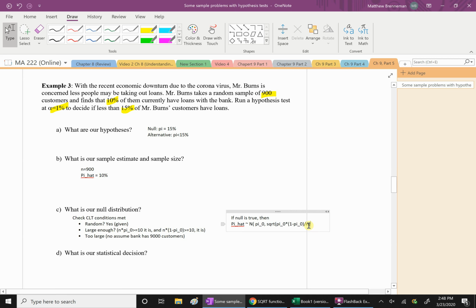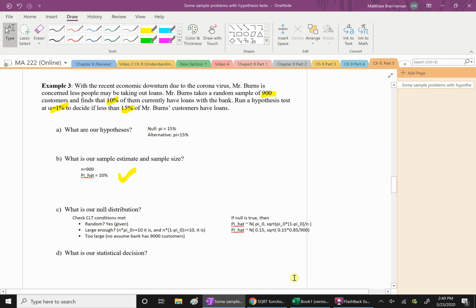So that's what estimators should look like. Or in other words, if we put in numbers, pi hat is coming from a distribution where the null hypothesis is true, centered at 0.15, with standard deviation the square root of 0.15 times 0.85 divided by 900. And we're going to use this distribution to judge our sample percentage and see if it looks like it could come from this distribution.